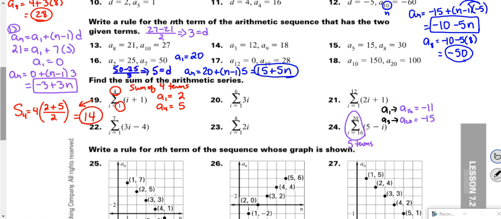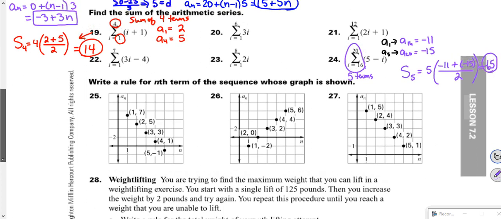Okay, so then our formula, the sum of those 5 terms is going to be 5 times negative 11 plus negative 15 all over 2, and then take that times 5 and you get negative 65. Gonna run out of room there. Negative 65.